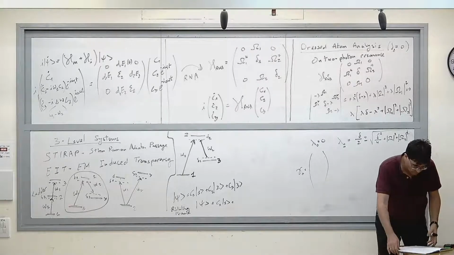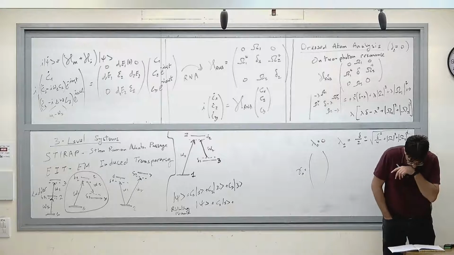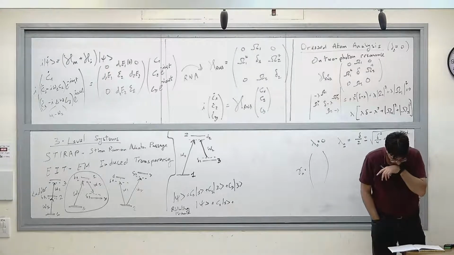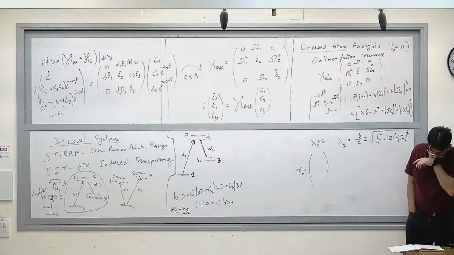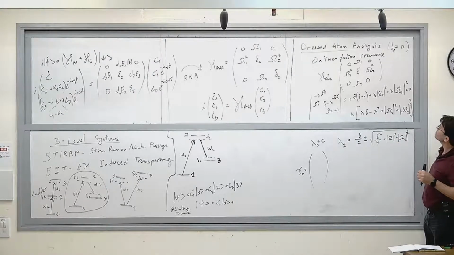The last state is negative to the first state. What? C1 equals negative C3. Yes.